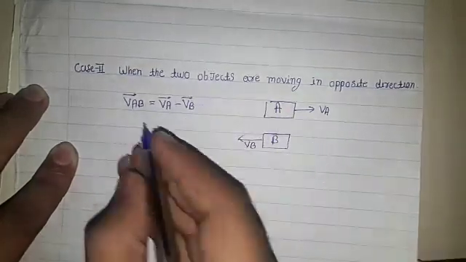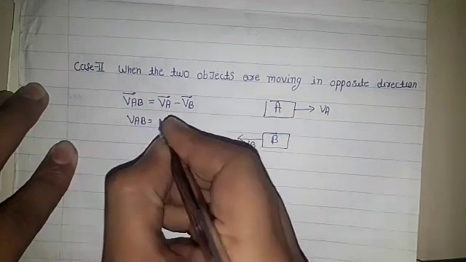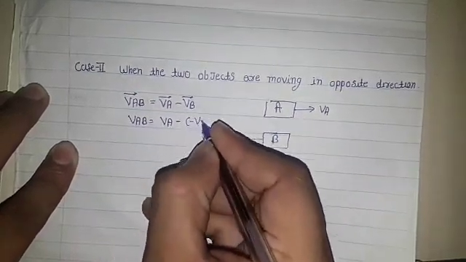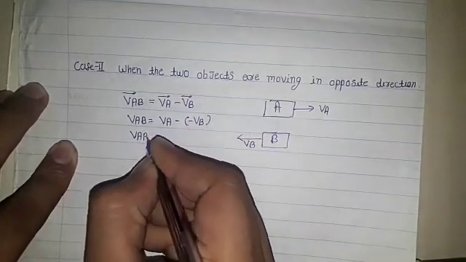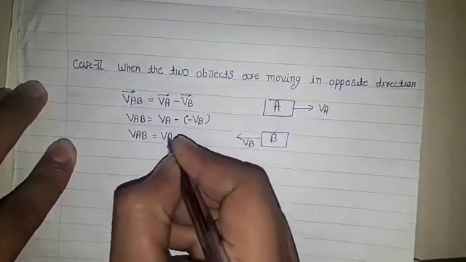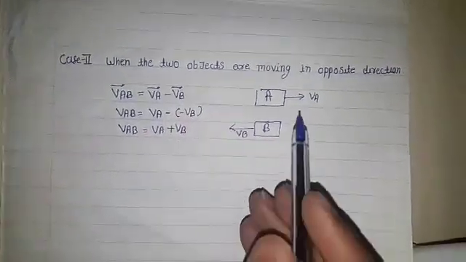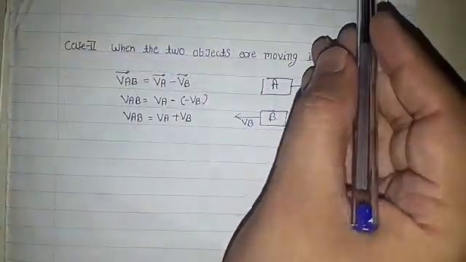Both are moving in opposite directions, so VAB is equal to VA minus (minus VB). So the relative velocity VAB is equal to VA plus VB. It means when two objects are moving in opposite directions, their velocities are added. And when two objects are moving in the same direction, their velocities are subtracted.